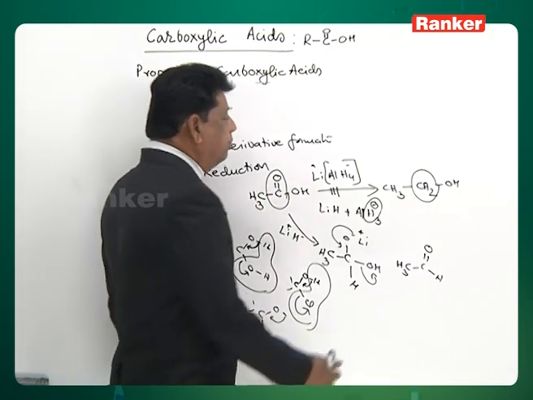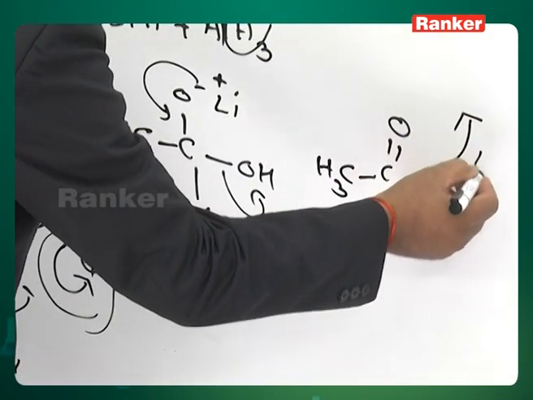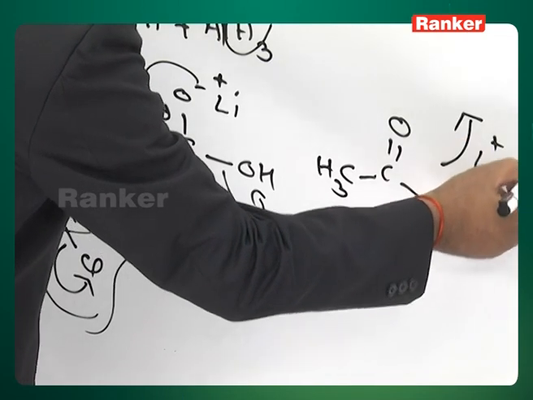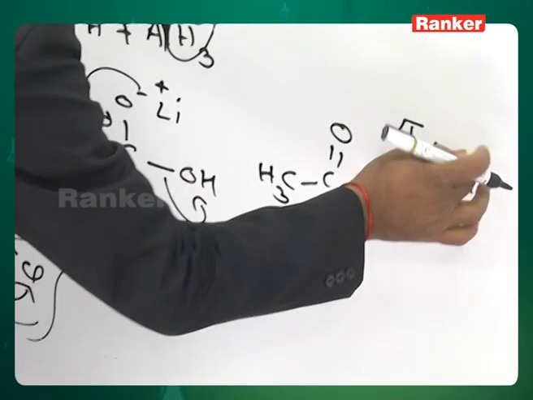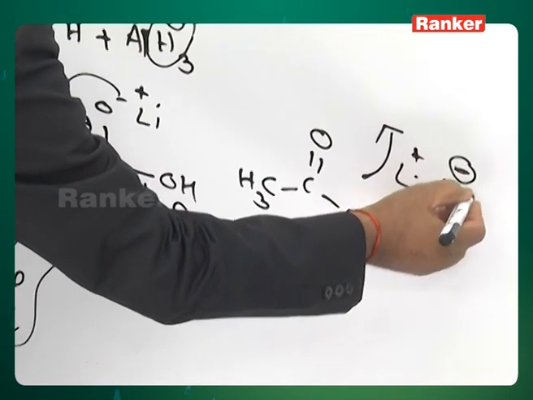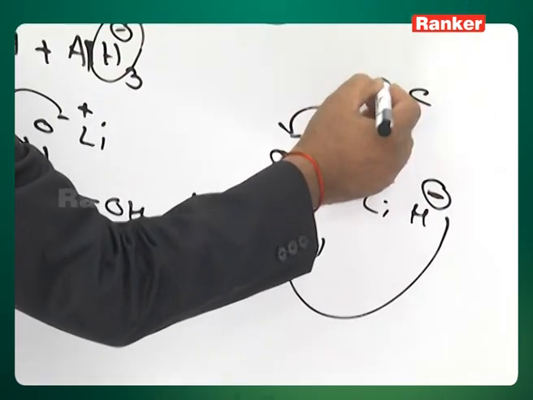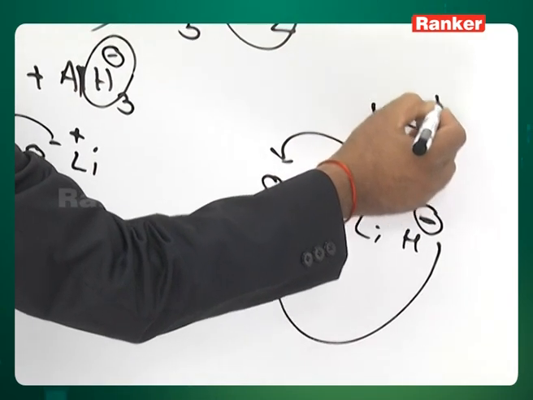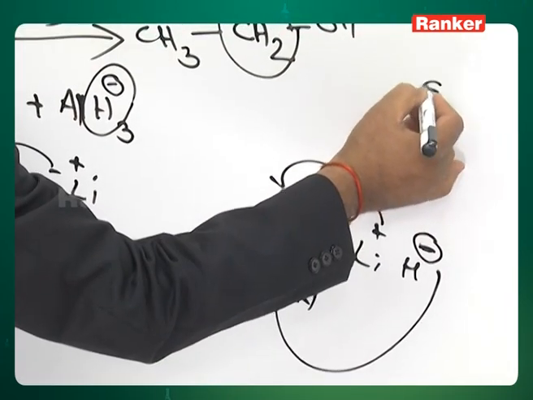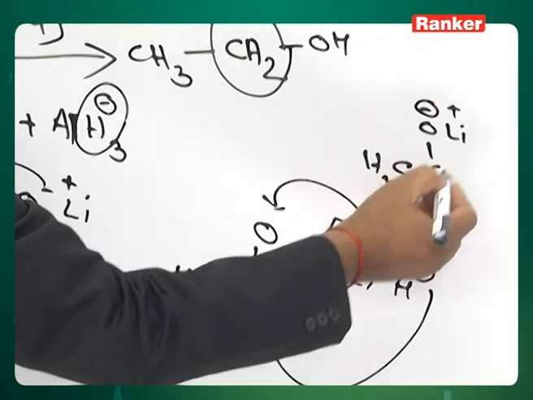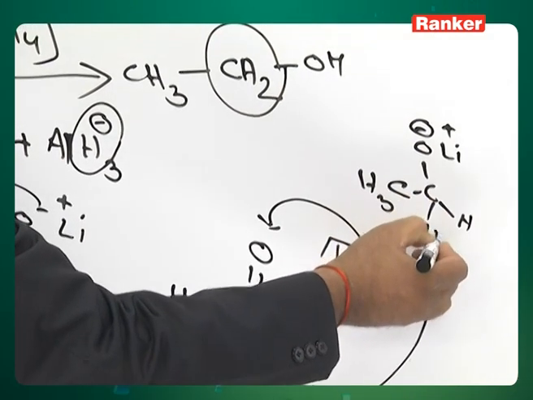So, therefore, one more lithium hydride will be added. This mechanism I am explaining, in fact, is of lithium hydride. So, again H minus will be added, lithium will be added. So, you will finally get CH3CH2O minus with a lithium salt plus, 2 H minuses added.